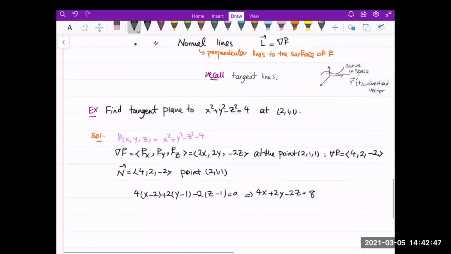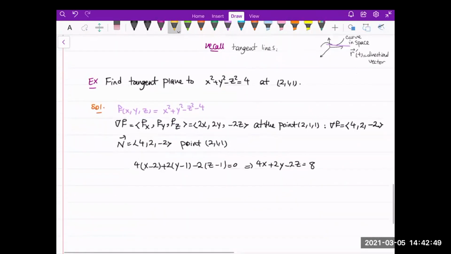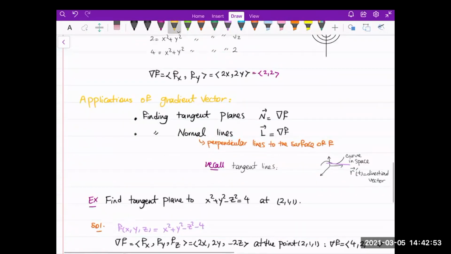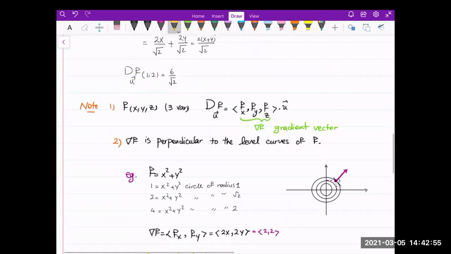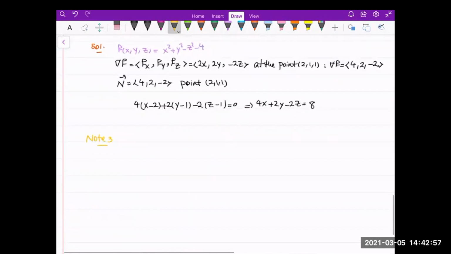Okay, let me give you one small note, which would be note 3, I think, because I gave you note 1, 2, and that is note 3. For note 3, I would like to say that the directional derivative of f in the direction of u, we said that it's the gradient of f dot product with the unit vector u.